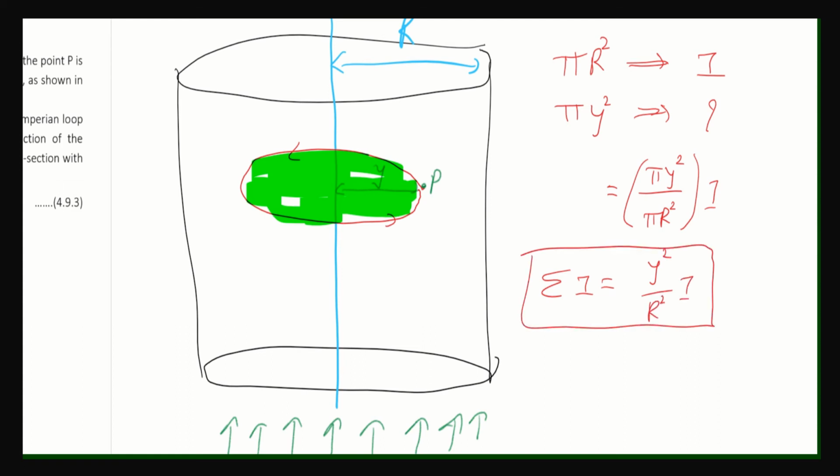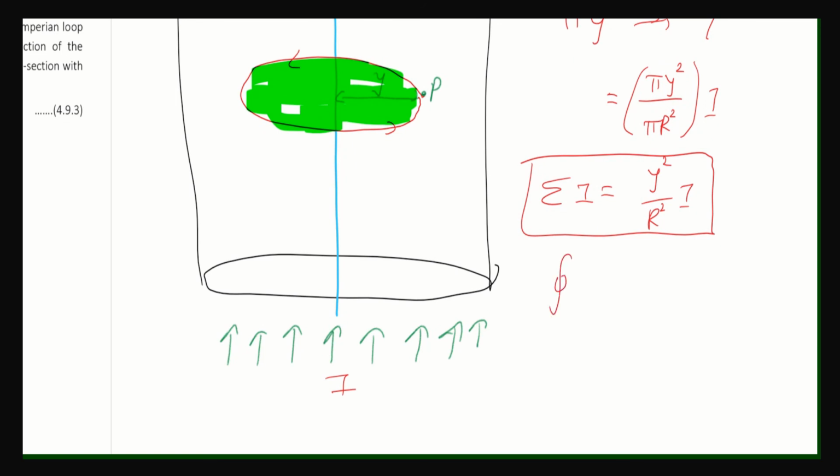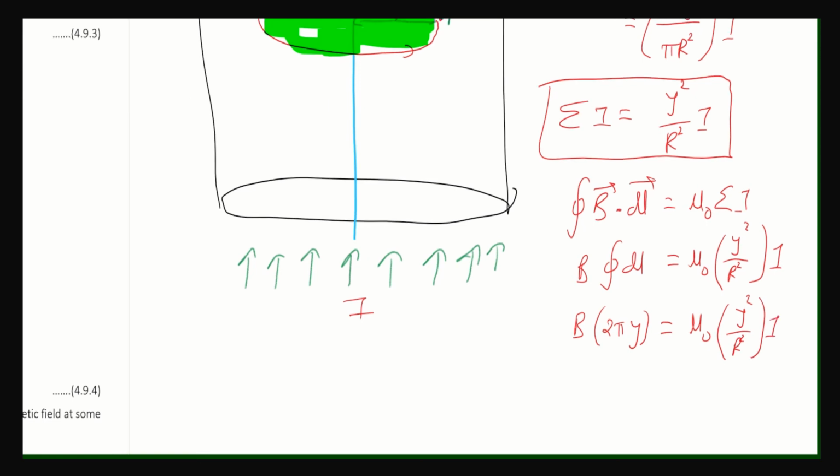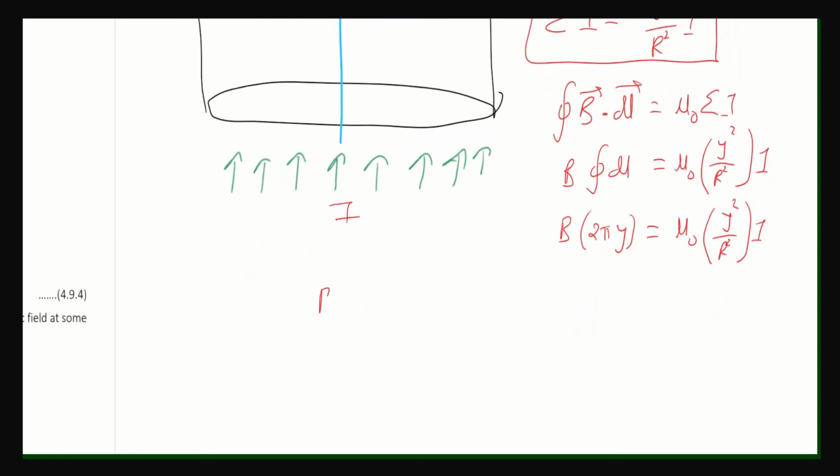So we'll use this in Ampere's circuital law, which says that closed integration B dot dl is mu 0 sigma I. As I mentioned earlier, the left side can be written as closed integration B dl, and the right side is now mu 0 y square by r square into I. The left side is again the circumference, that is 2 pi y, and the right side is mu 0 y square by r square into I. Simplify this, and what you will have is B equal to mu 0 I y upon 2 pi r square.